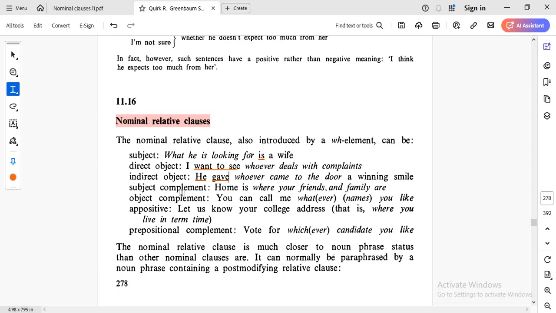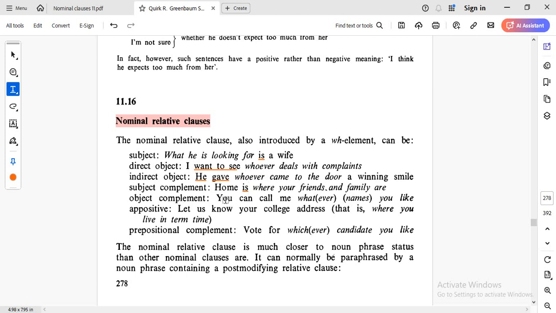A subject complement. Home is where your friends and family are. Home is a subject, is a verb. Because it is a verb to be after it, it is a subject complement, where your friends and family are. You can call me whatever names you like.